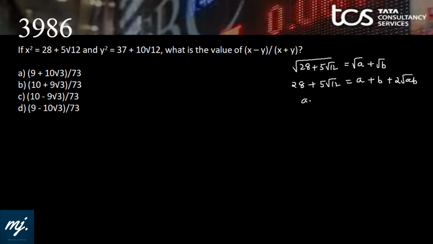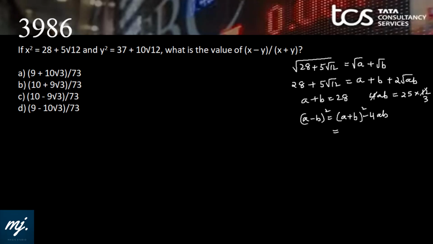Comparing a plus b with 28, and the surd part with the surd part, 4ab equals, squaring this also, 25 into 12. That means 4ab is 300. Now a minus b whole square is a plus b whole square minus 4ab.